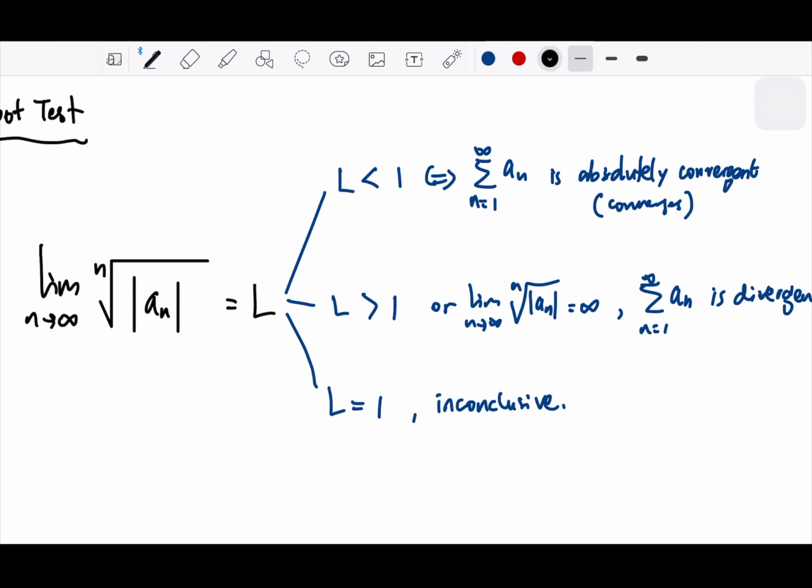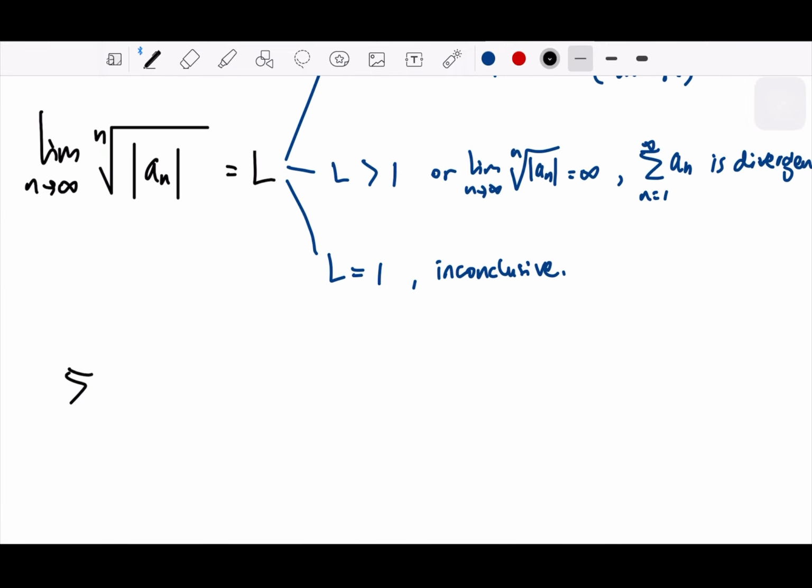Because of this form, which takes the nth root, the series should be an obvious series. For example, if you have a series with power of n like that, this was an obvious example where you need to take the root test.